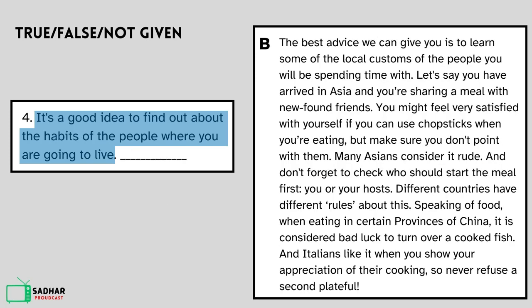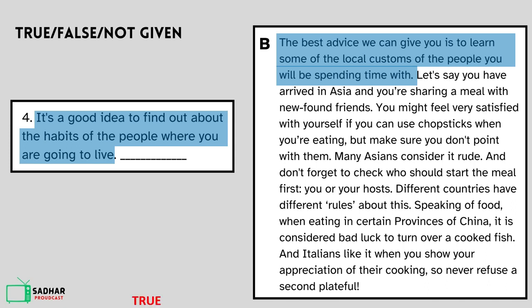Now, question number 4. It's a good idea to find out about the habits of the people where you are going to live. And then you can see in the first sentence of the paragraph, the best advice we can give you is to learn some of the local customs of the people you will be spending time with.